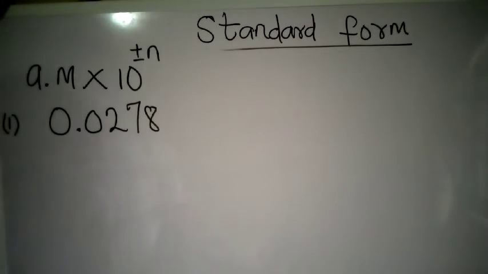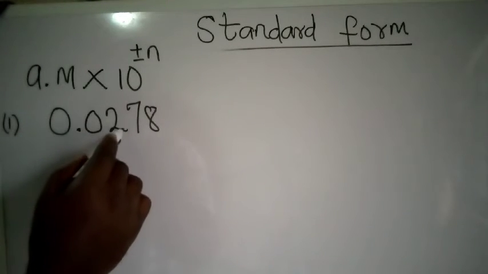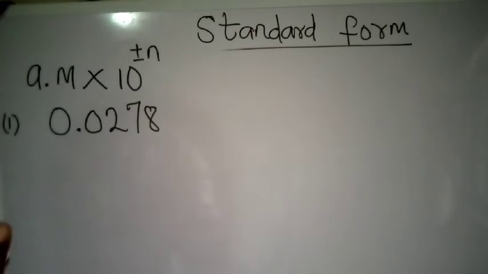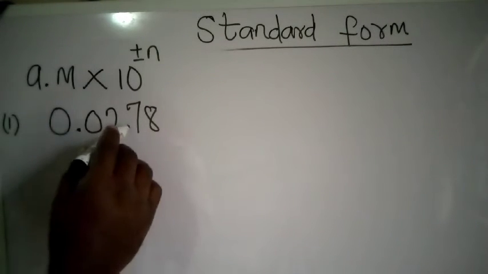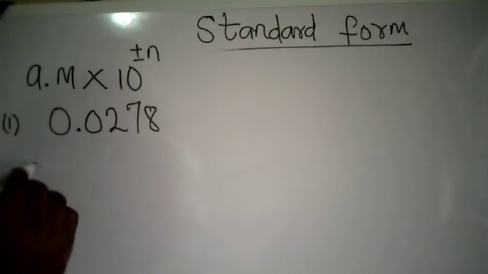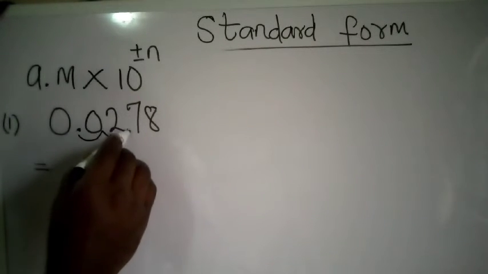I have 0.0278 and I'm asked to express this number in standard form. Here, the decimal point is here, and the first rule says what? The decimal point must be at the back of the first non-zero number. So I have to move this from here all down to this point, and that will be, I move it 1 and 2.